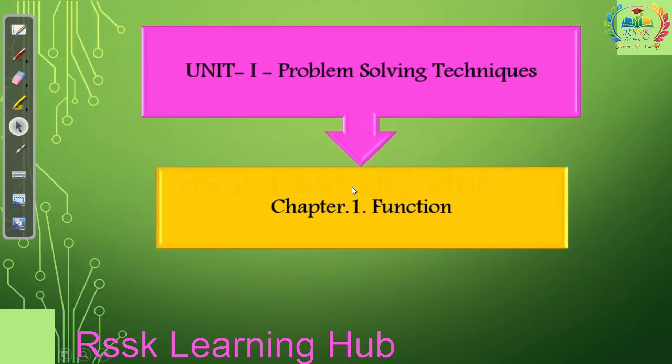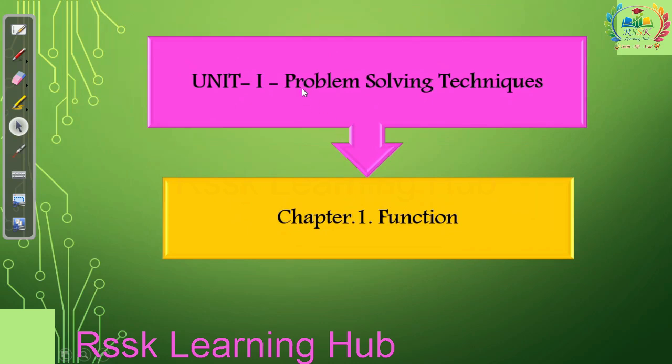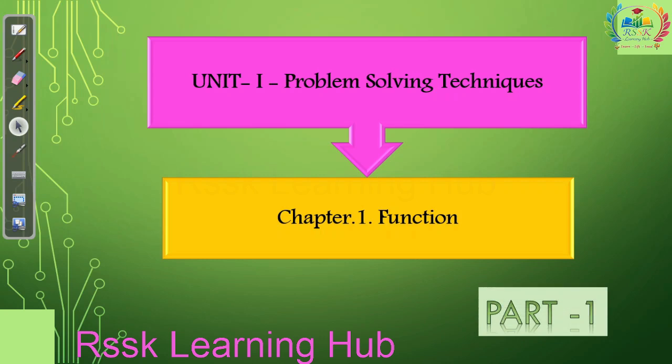Now see what a function is. The name itself shows it is a problem solving technique. It has a set of rules and operations that should be framed and followed to solve problems. Mathematical problems or logical problems, anything can be solved using this function strategy. This is part 1 of your chapter 1.